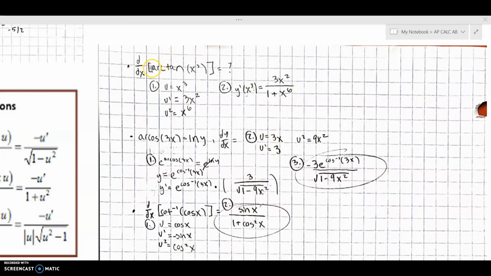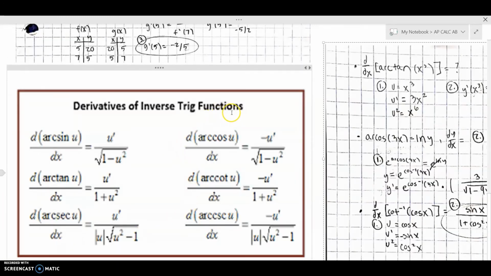So right here, they're asking for the derivative of the inverse tangent of x cubed, right? So let's figure that out. Let's go back right here, and this explains the derivatives of inverse trig functions. So right here we have the inverse tangent, right? You should memorize at least sine, cosine, and tangent, but you'll get the hang of it over time.